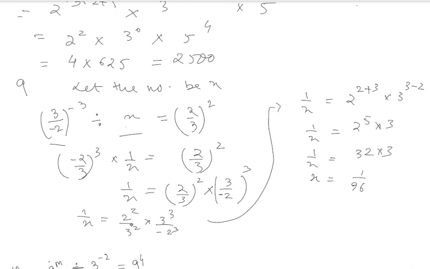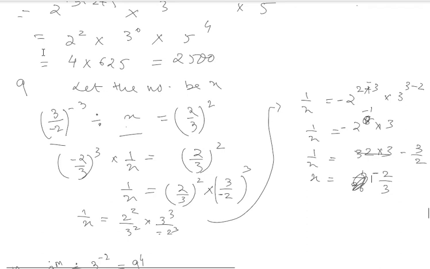Okay, I think this has a minus sign, so this becomes minus 3, and the sign of this term is minus. So minus 2 to the power minus 1, which becomes minus 3 by 2. So x is 2 by 3 with a minus sign.